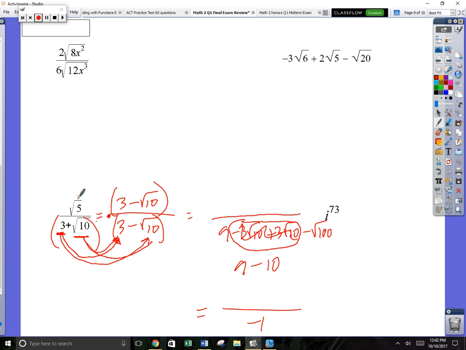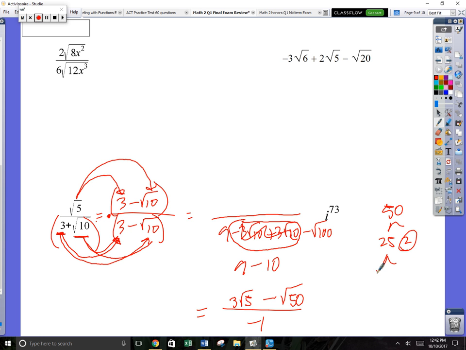Okay, now your top. Square root of 5 times 3. That is 3 square roots of 5. And square root of 5 times a minus square root of 10 is a minus square root of 50. And that has a square in it. So if I bust up 50, 50 is going to go to a 25 and a 2.